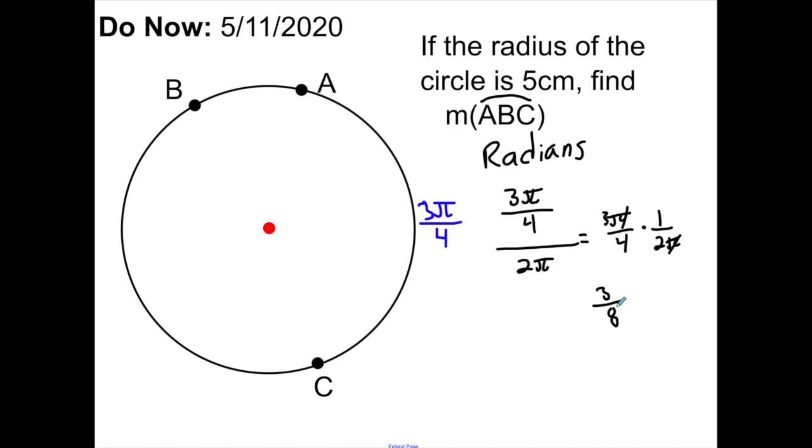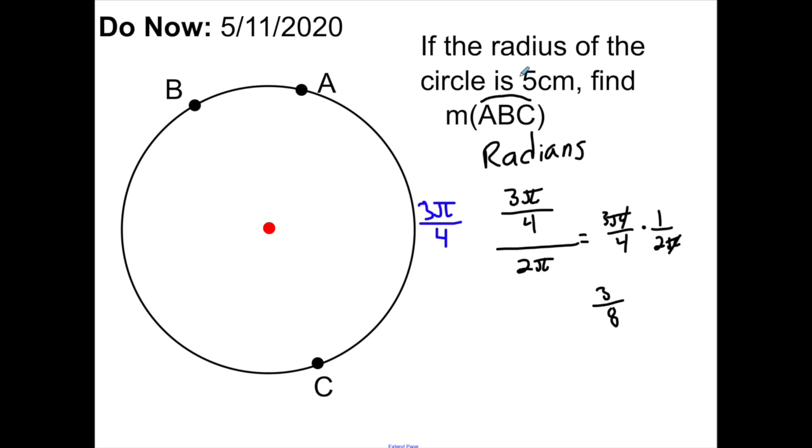What that means is that this is essentially 3/8 of the entire circle, which means this would be 3/8 of the total circumference.